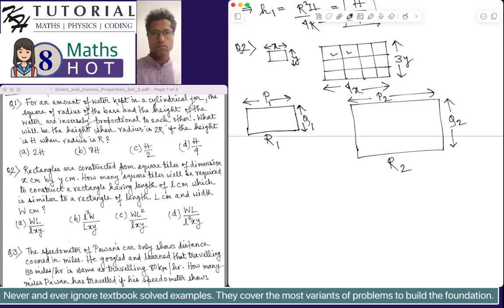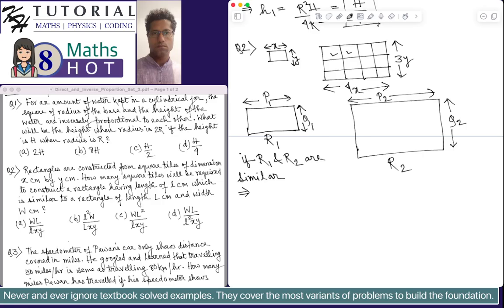Now if R1 and R2 are similar, I hope you are familiar with figures being similar, they look similar but their sizes are different. If R1 and R2 are similar, this implies that the ratio of the corresponding dimensions will be in direct proportion.